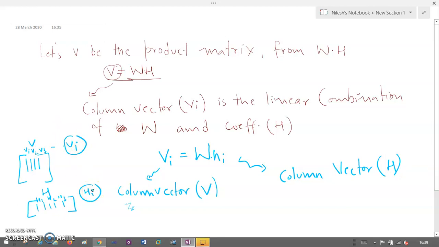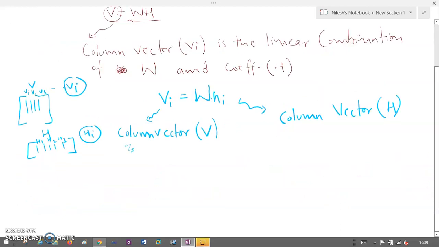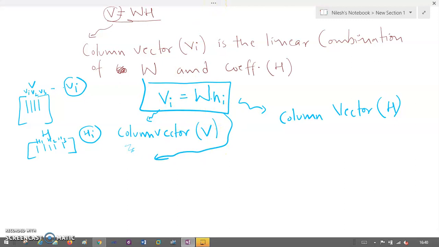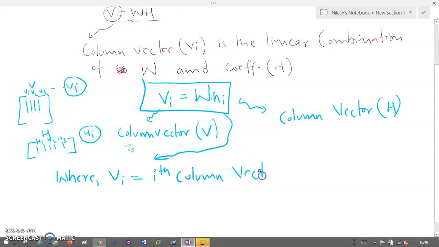They are basically, first, v of I is the column vector of V, and it is the linear combination from W dot Hi. So I'm talking about this particular equation. I'm writing here that V of I is the ith column vector of V, and this is a product matrix.